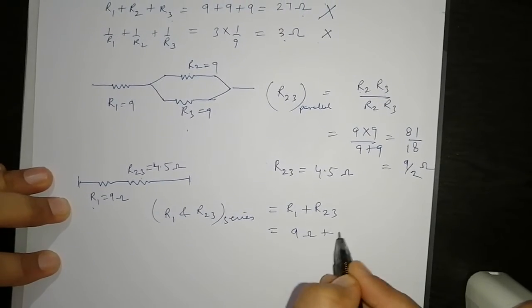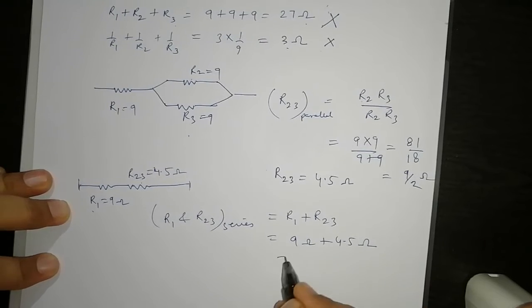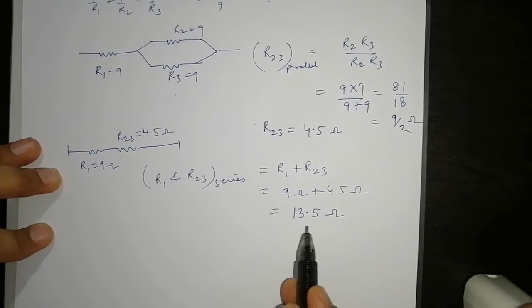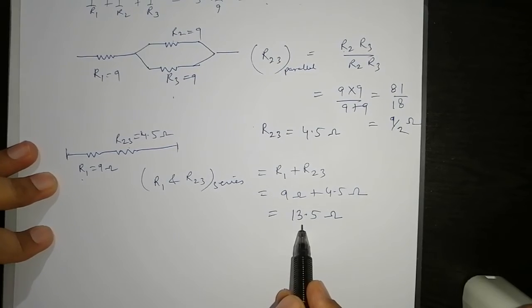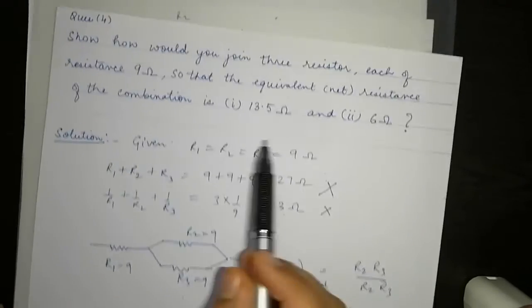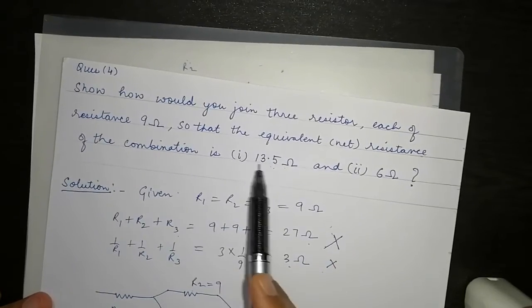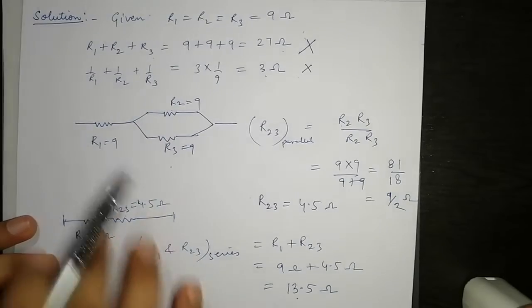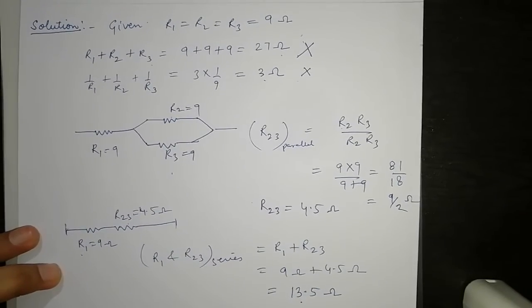So 9 ohm plus 4.5 ohm comes out to be 13.5 ohm. So this is our required answer, isn't it? This was the equivalent resistance that was asked in the question, 13.5 ohm. So it means this plan is going to work for us. This combination is going to work for us, right?